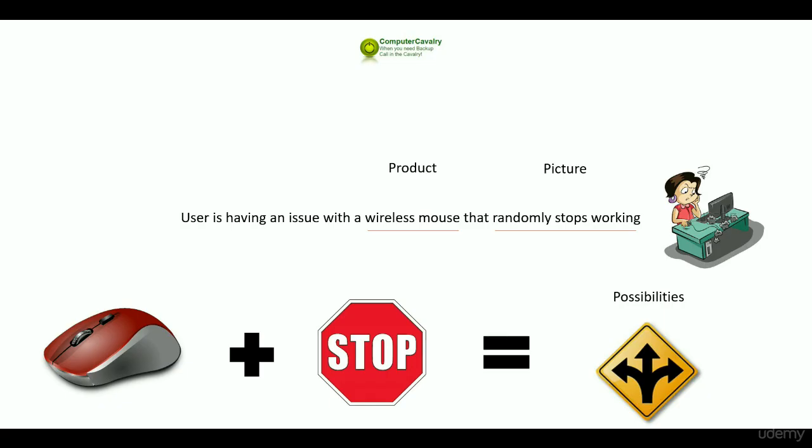Well, since it's wireless, we know that it runs on batteries. And what's meant by it randomly stops working? Maybe it's freezing on the screen. So is it a PC problem, or is it indeed a wireless problem? Or the batteries themselves? So as you can see, good troubleshooting will allow you to implement sort of a process of elimination. But always keep in mind the 3 P's: the product, the picture, and the possibilities.